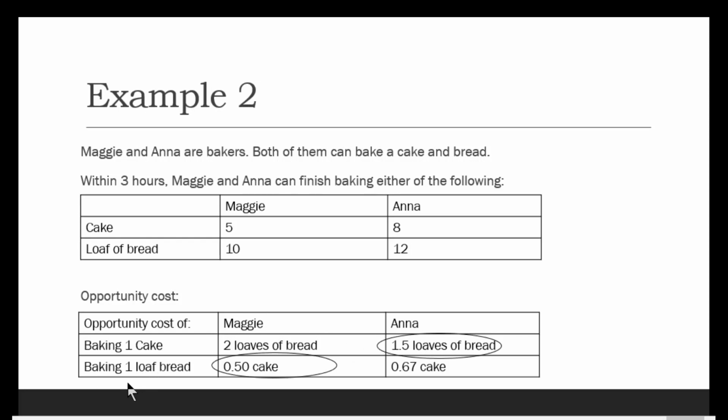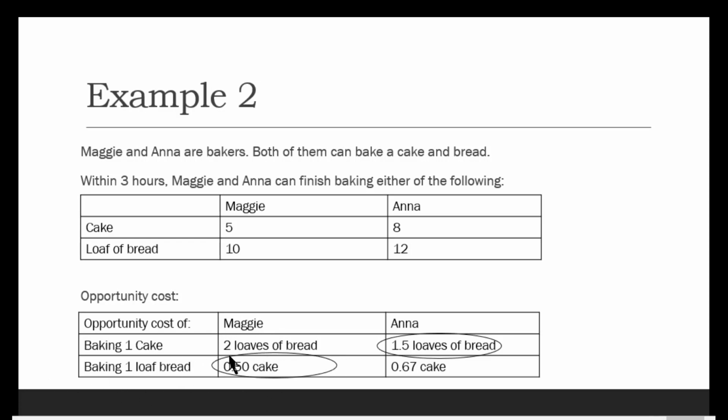Meanwhile, in baking a loaf of bread, Maggie will have an opportunity cost of losing 0.50, or half of a cake, and Anna will lose 1/3 of a cake. So who among the two will yield a lower opportunity cost in baking a loaf of bread?